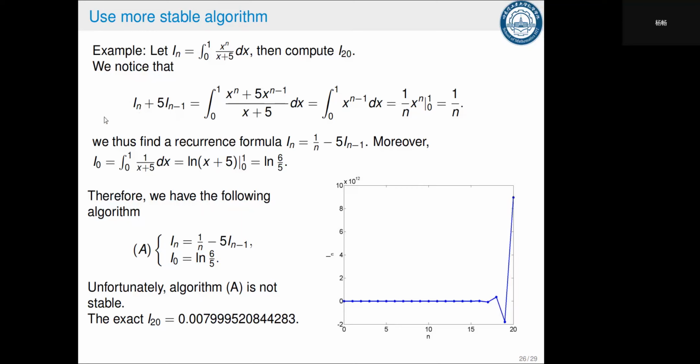Now I can replace I_n and I_{n-1} by their definitions. So we can simply get this integration, and then we find that from the numerator we can take the common factor, that is x to the power n minus 1.